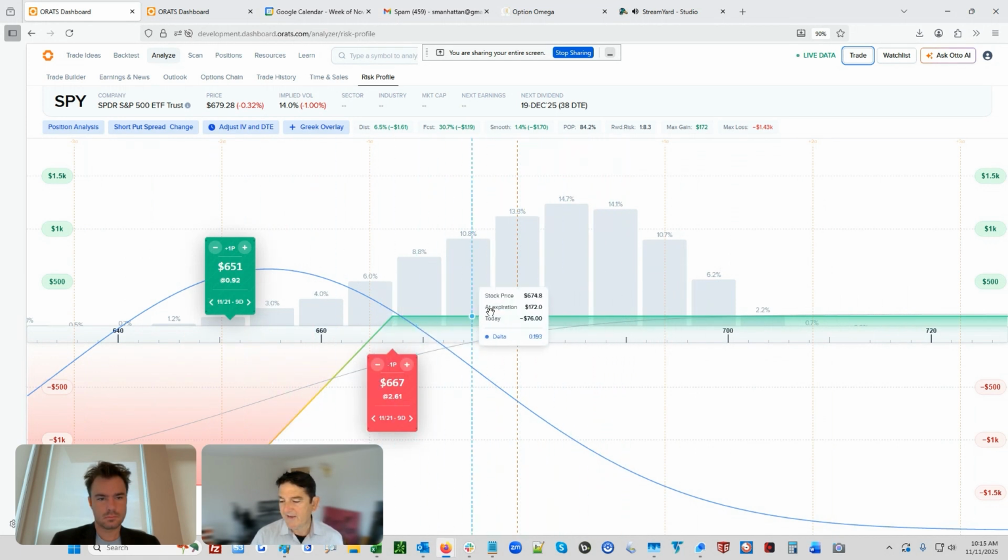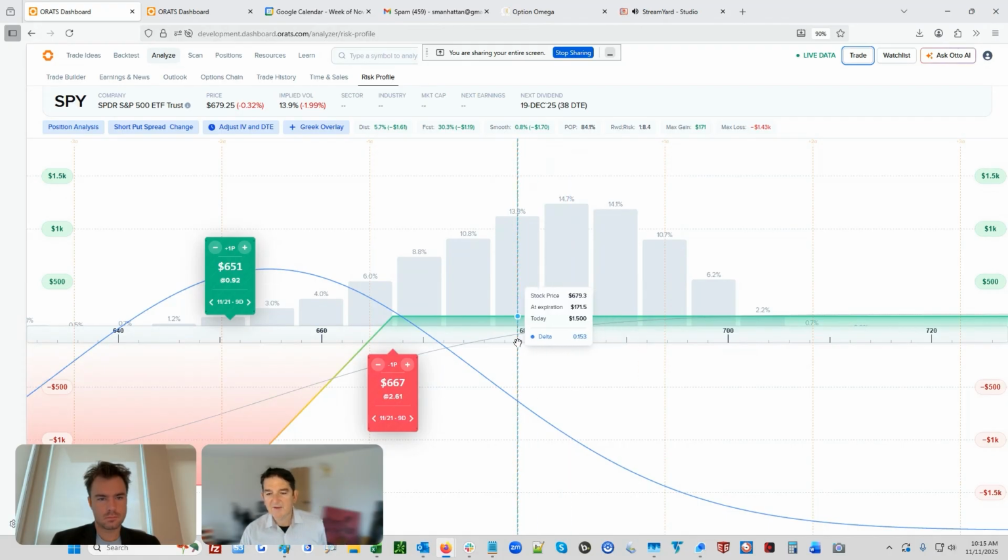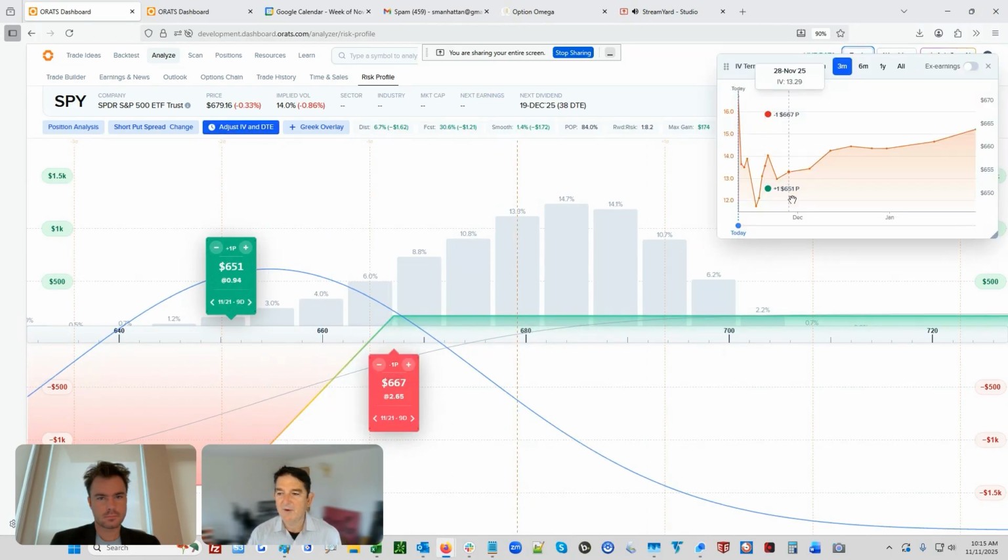So we're long delta, but we also have 11/21, so we have 10 days for this. We have 10 days until we get this green and red line here. But today we have this gray theoretical line going through right here. So this gray line is today's value, and we can adjust it.